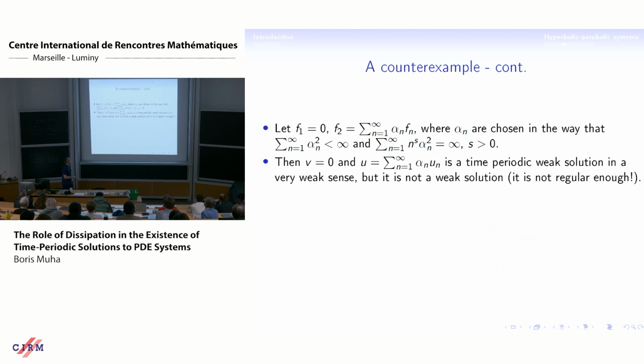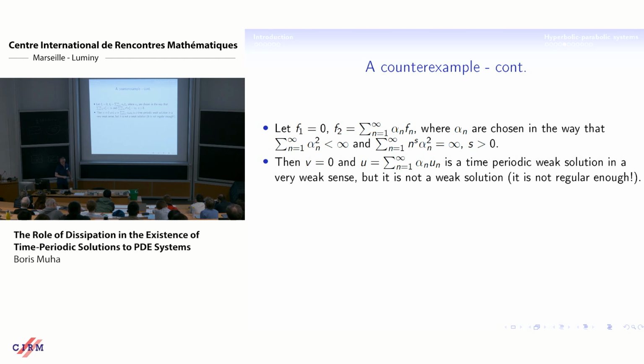And now, since it's a linear problem, we can take a solution in terms of series, and we can play with these coefficients. But the point is, we can cook up any kind of solution. We can cook up a solution which is L2. So if the right-hand side is just L2, not more, then the solution will be L2, not more.